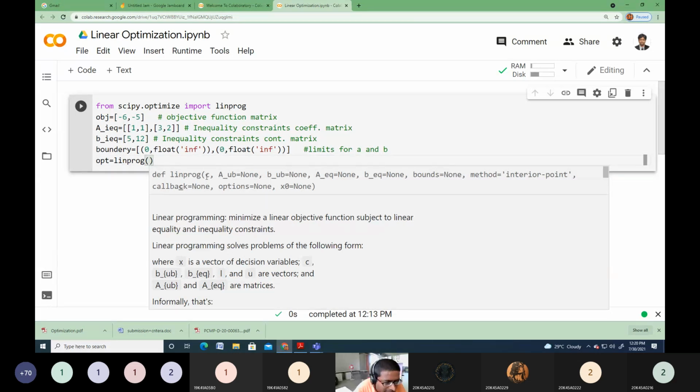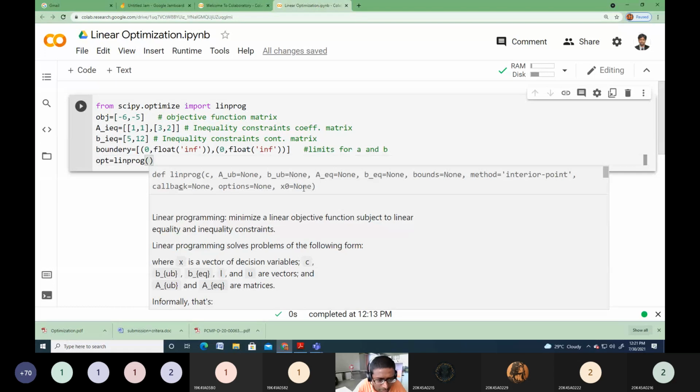So you can see how the linprog method looks. Please understand, students, linprog expects these inputs.